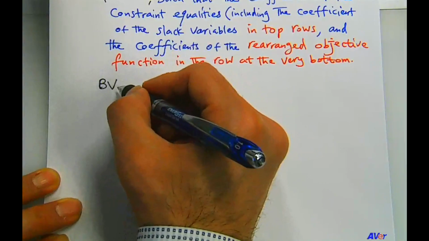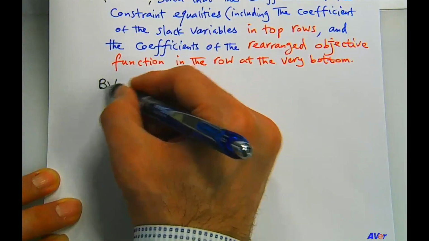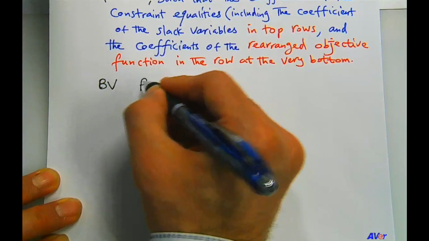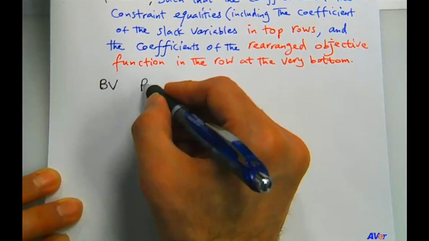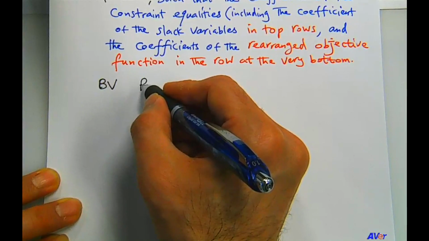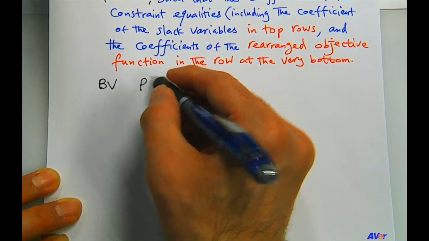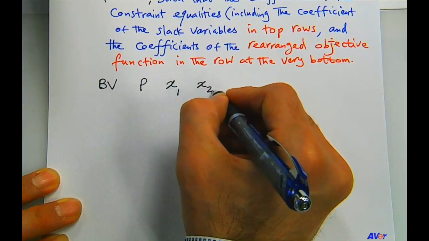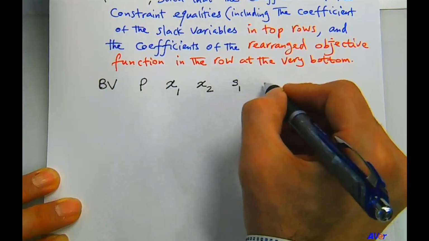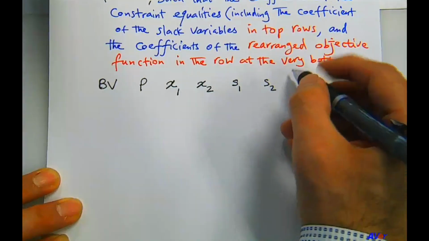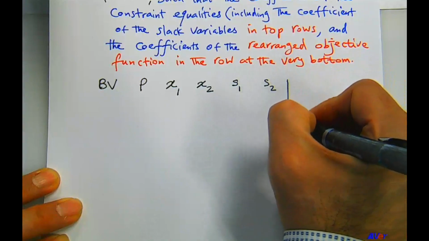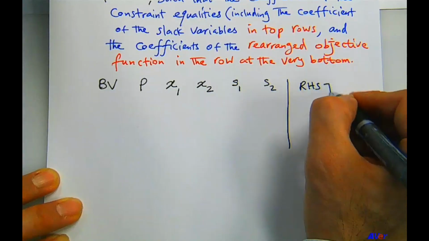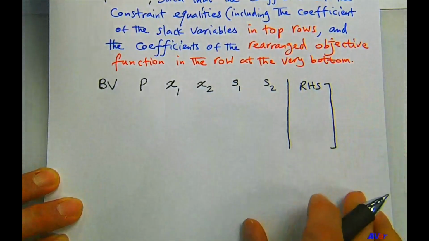BV means basic variables. And then P, that's the variable for the objective function, right? P, and then x1, x2, s1, s2, and then, of course, the RHS, which stands for the right-hand side.